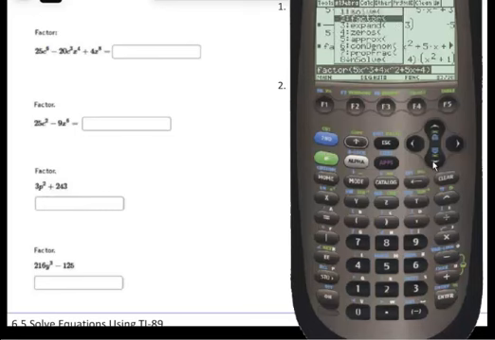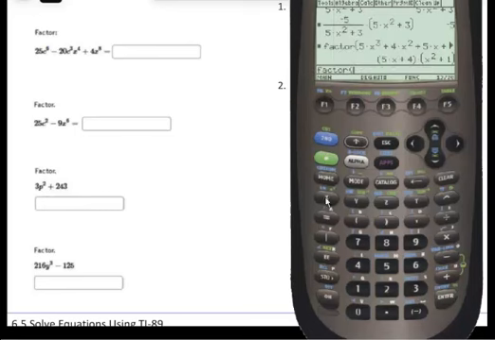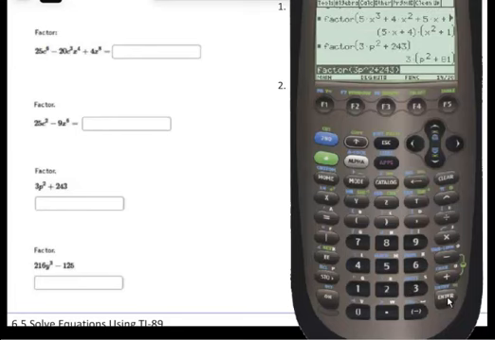Factor it, hit F2 algebra tab, choose factor, type the expression. 3, you can even use different variables. Here, 3p squared plus 243. Close that off and hit enter, and it's going to give you your factors. It's the sum of squares, so you just factor out the 3, and that leaves this remaining expression.